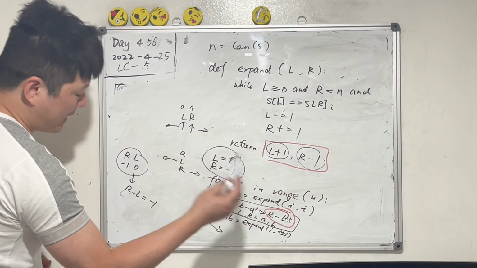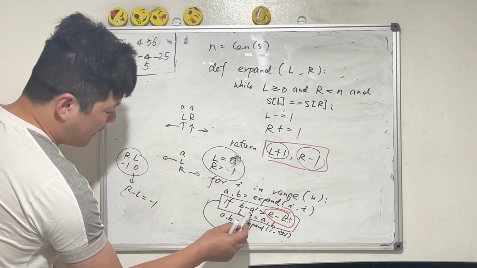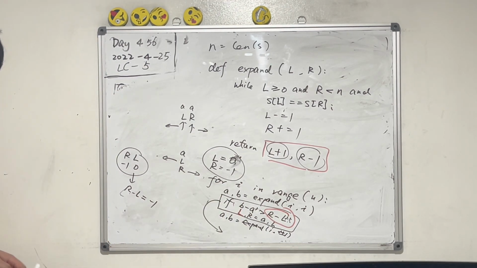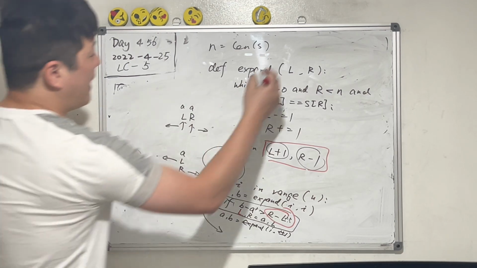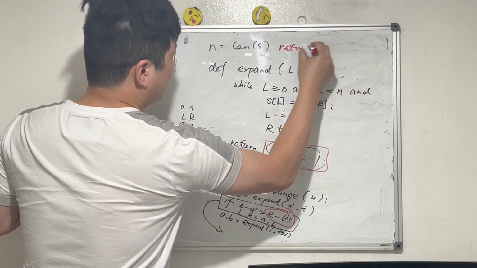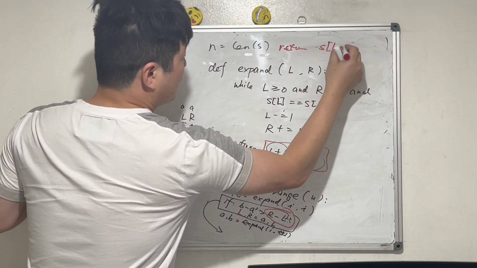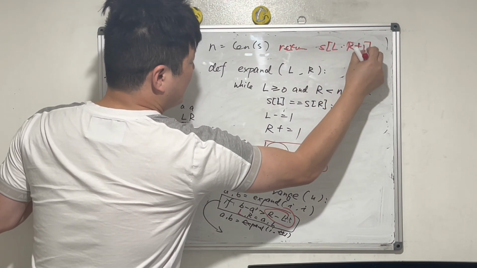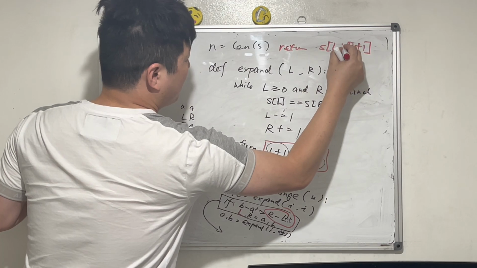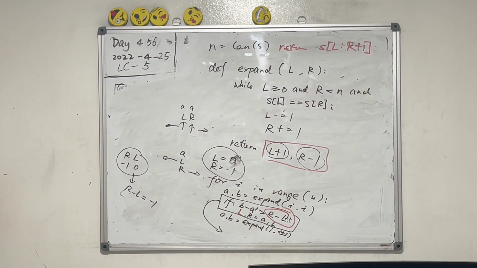If we find a better one, then we remember the left and right boundary. Do you get it? And then at the end we return s[l to r+1]. It's easy to implement, yeah?